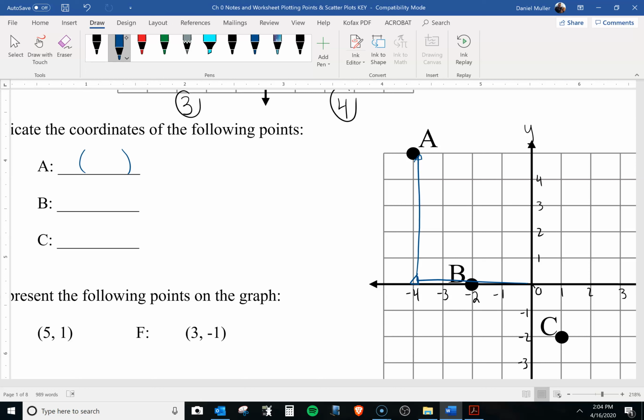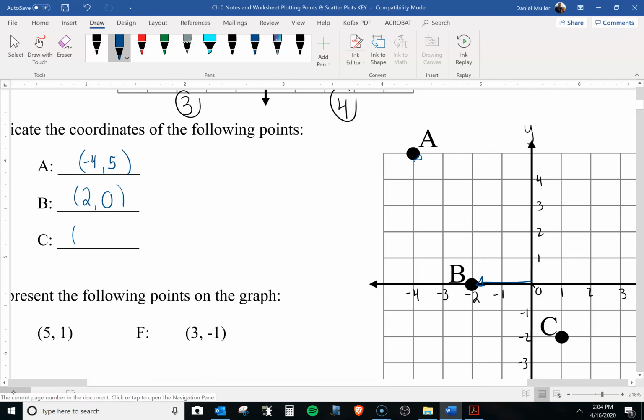Now you can see the 4 to the left is a -4, and then 5 up is a +5. Now for B, B would be 2 to the left, so I'll put 2 first, and then 0 up. We don't move up at all or down at all, so we just put a 0.